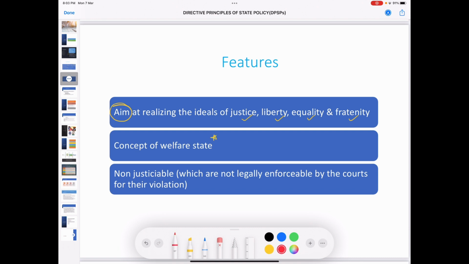And the final and the most important feature, which you got to note in your minds, DPSP are non-justiciable, which means they are not legally enforceable by the courts of law for their violation. All right, remember this point. And this is a major difference between DPSP and fundamental rights.